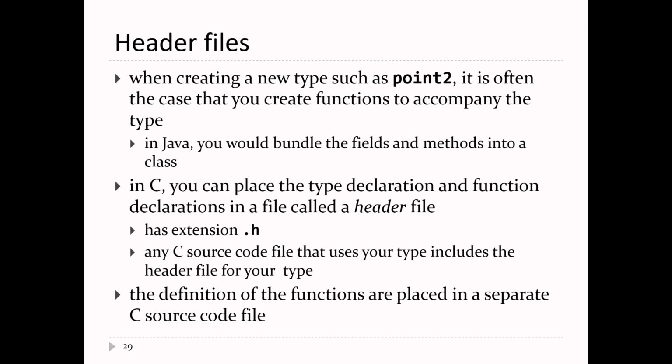This is sort of like importing a class in Java, but it's not exactly the same mechanism. So if you only declare the functions in the header file, where do the definitions go? They go into a separate C source code file, possibly more than one, but often a single separate C source code file.